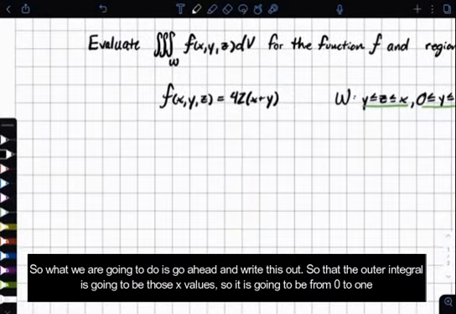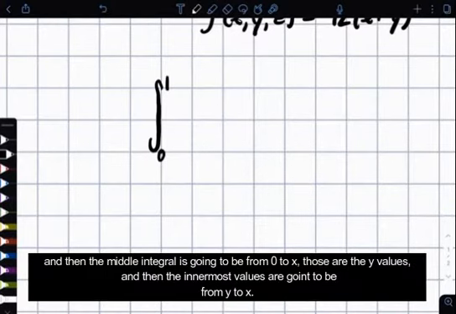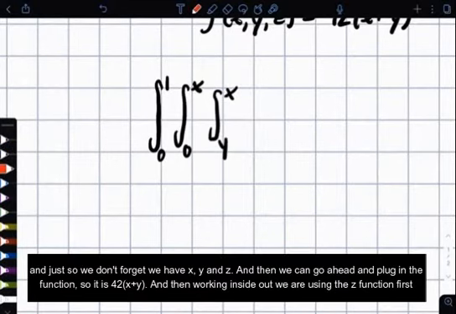So we're going to write this out so that the outer integral is those x values, from 0 to 1. The middle integral is from 0 to x, because those are the y values. And the innermost integral is from y to x, for z. Just so we don't forget, the order is dz dy dx.